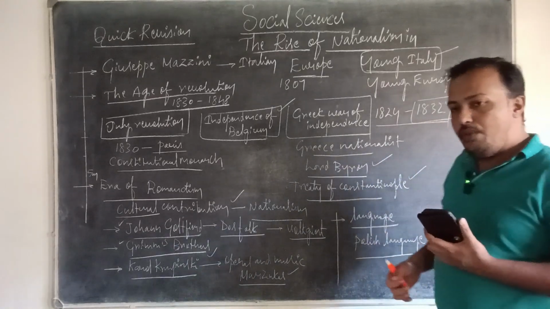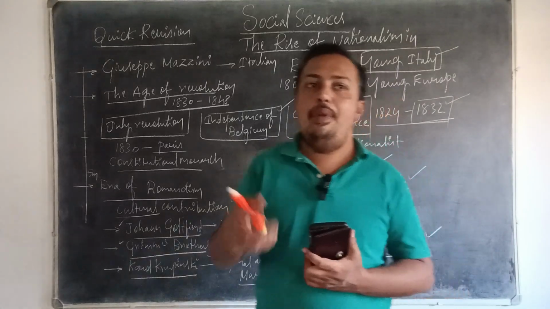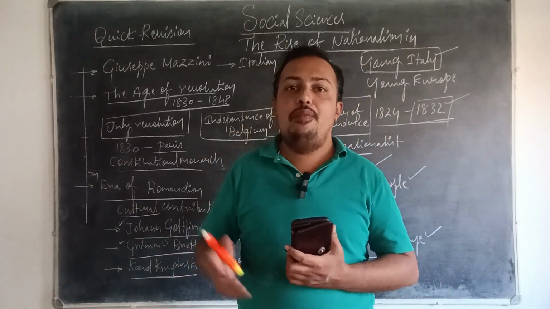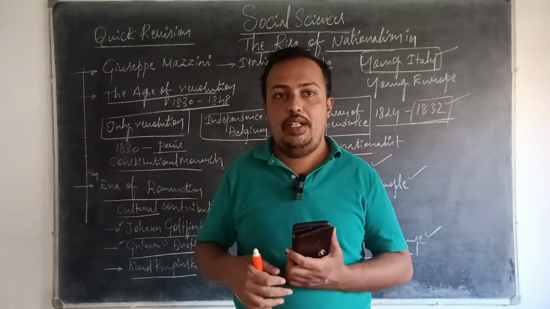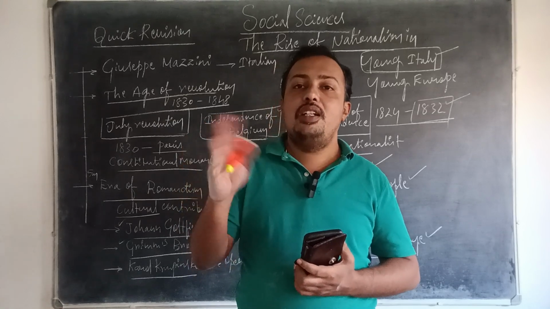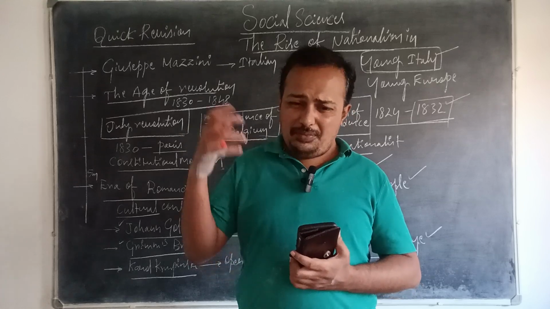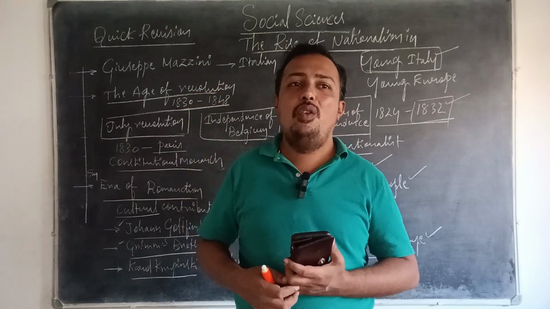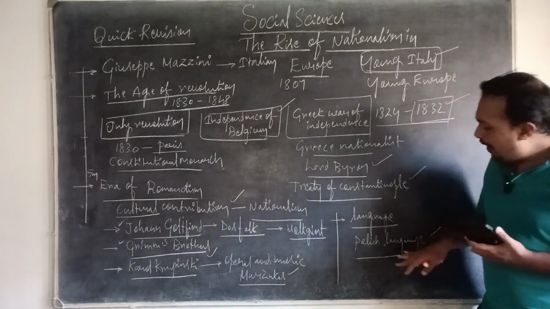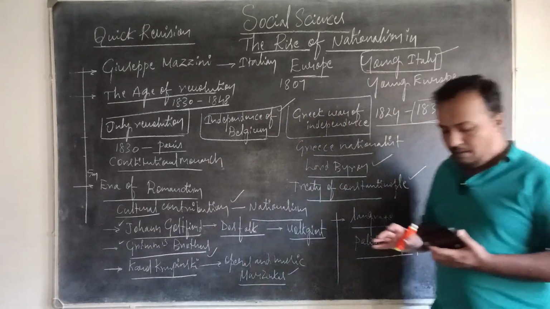Polish language is used as a weapon to resist against the Russians when they implemented their language over the native Polish people. Now they resisted by using their native language, that is Polish language.